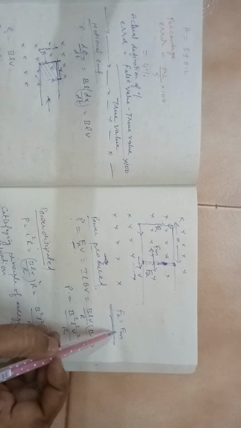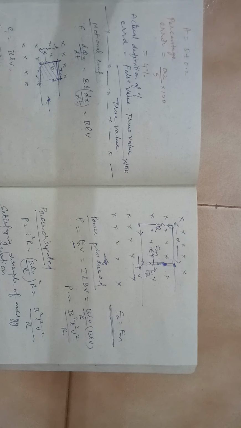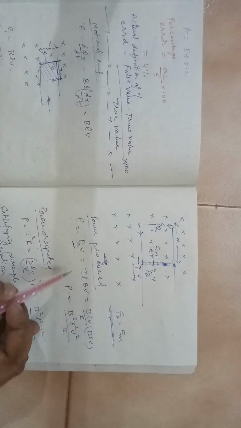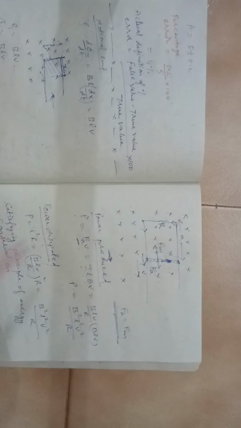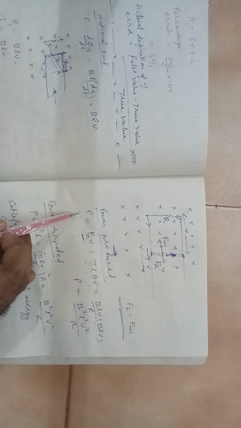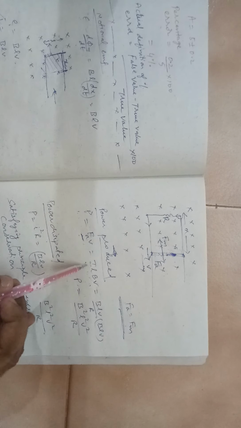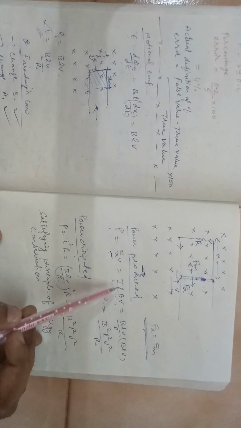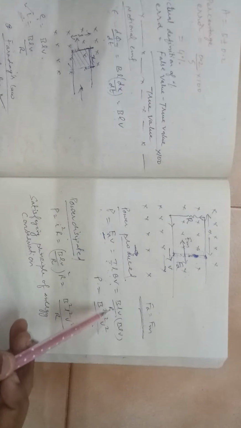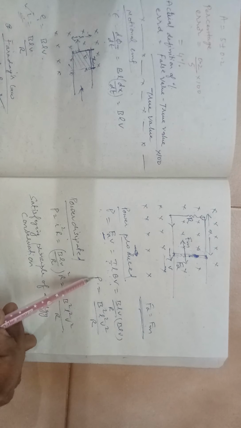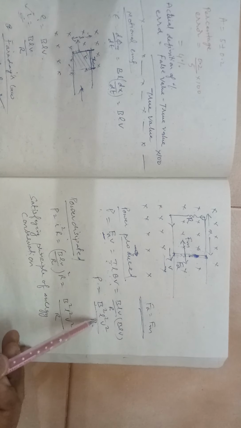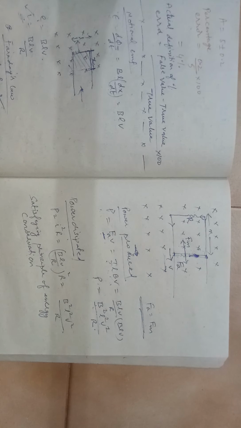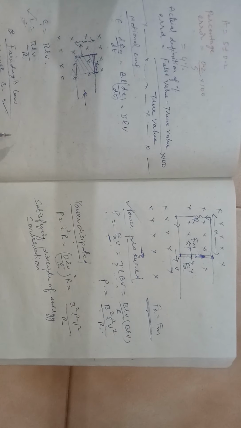The magnetic force on a current carrying conductor of length L, in magnetic field B, moving with a velocity V is given by ILB. So the power is ILB into V. Already we have worked out this induced current. This is BLV by R. If you substitute in place of I here, you finally get power is equal to B square L square V square by R. This is the power produced.